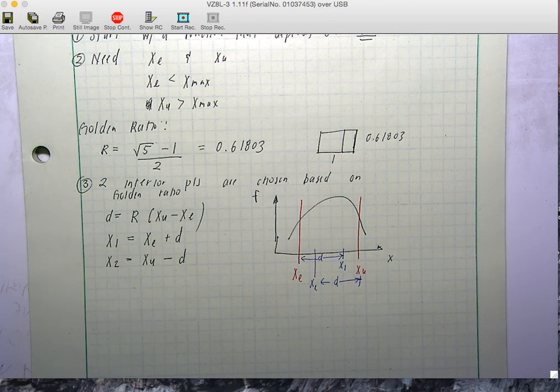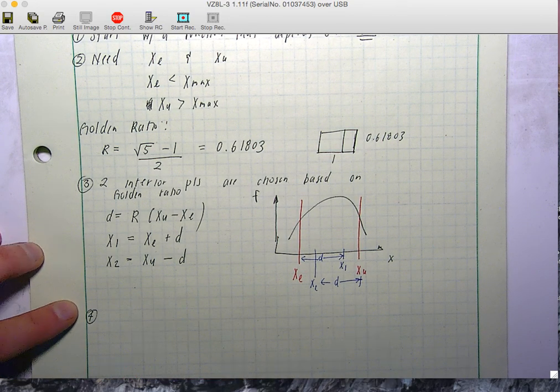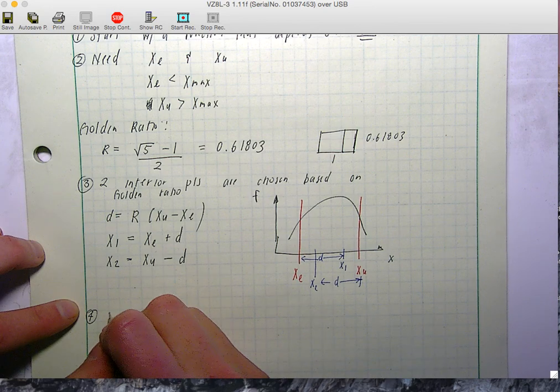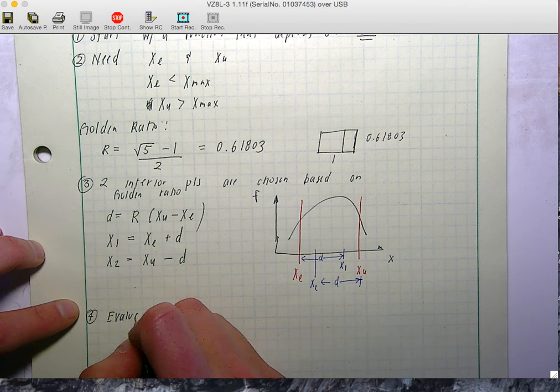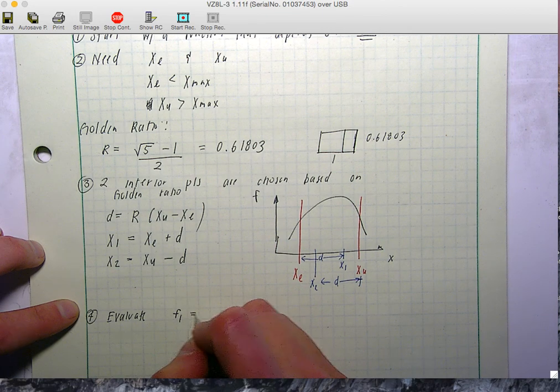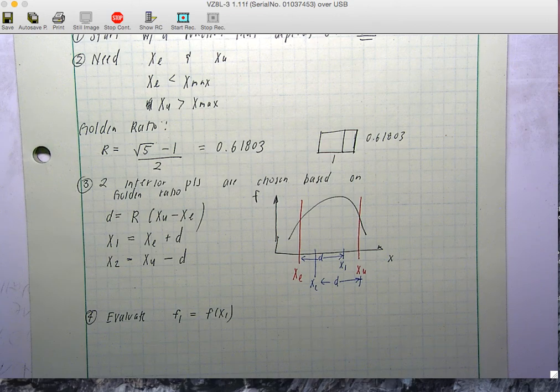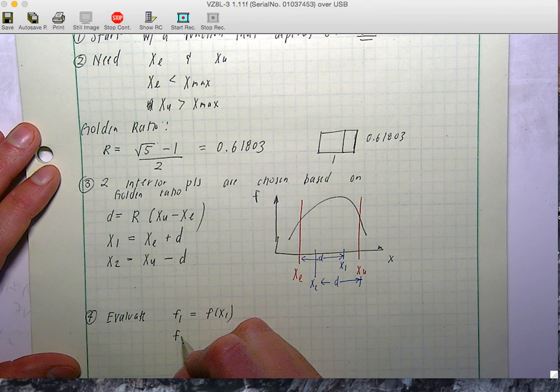You could use half, you could use 0.6, you could choose any percentage to move in from either side. I guess you couldn't use half, anything more than half you could use. But once you get those 2 interior points, you're going to evaluate the function at those 2 points.